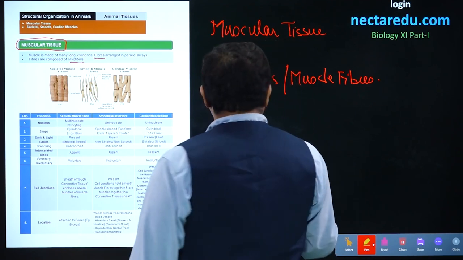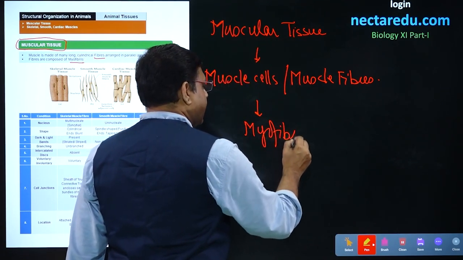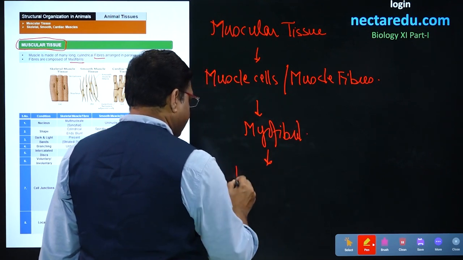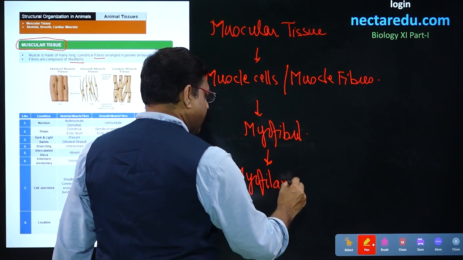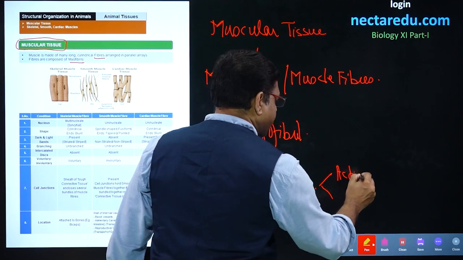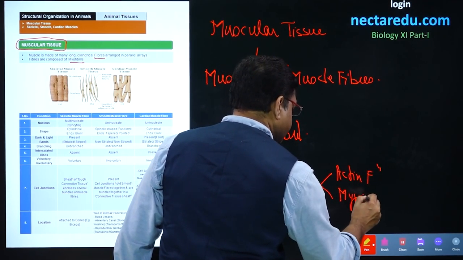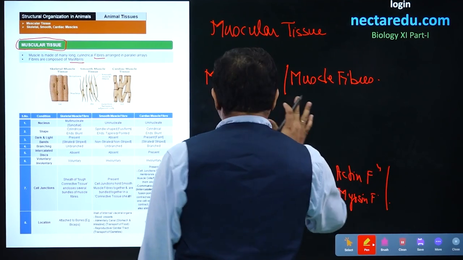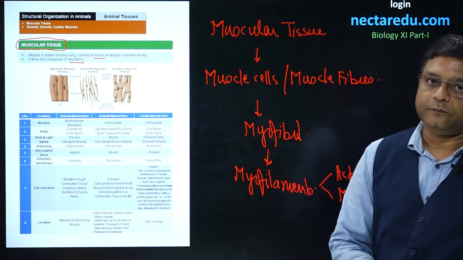These myofibrils are made of myofilaments. Myofilaments are of two types: actin filaments and myosin filaments. So, this is the particular hierarchy which is present in muscular tissue.